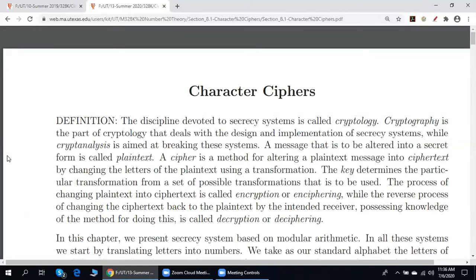If I give you a key to encrypt your plain text, you will be able to decrypt this text using the same key.